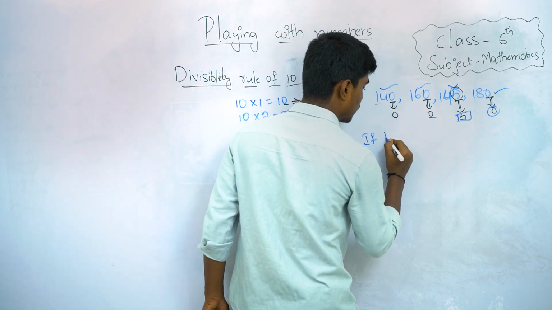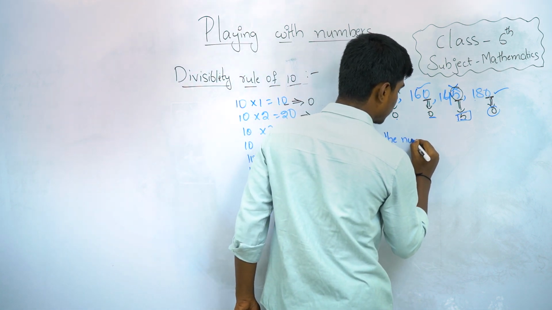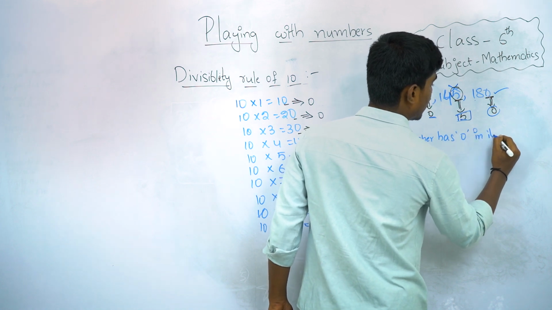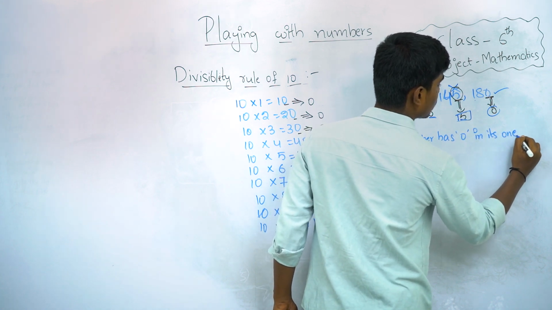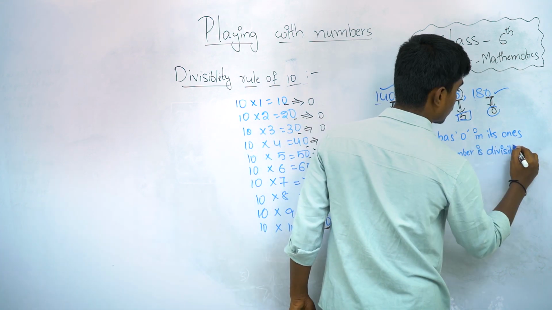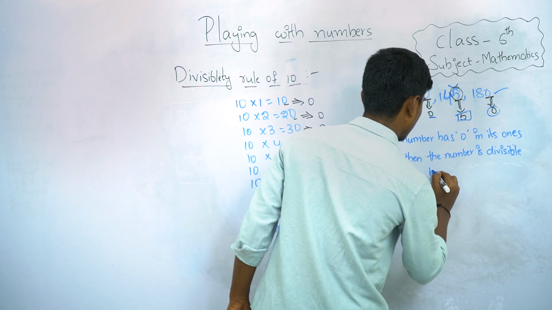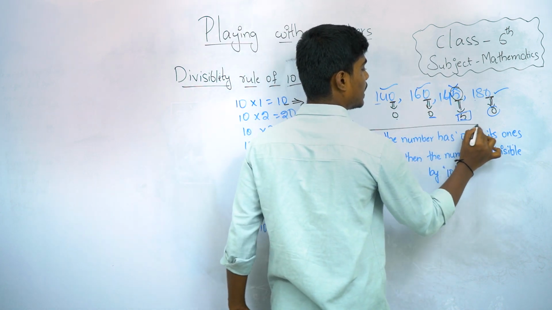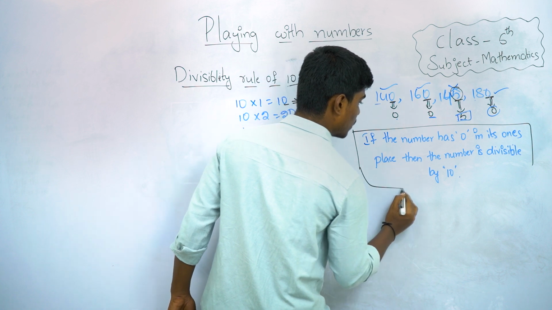If the number has 0 in its ones place, then the number is divisible by 10. This is the divisibility rule of 10.